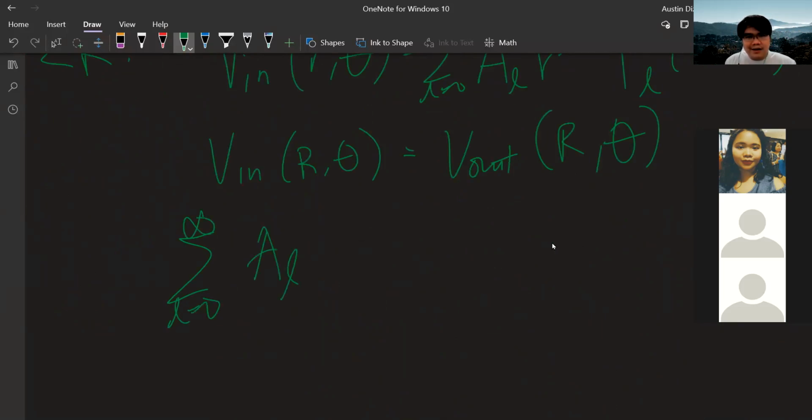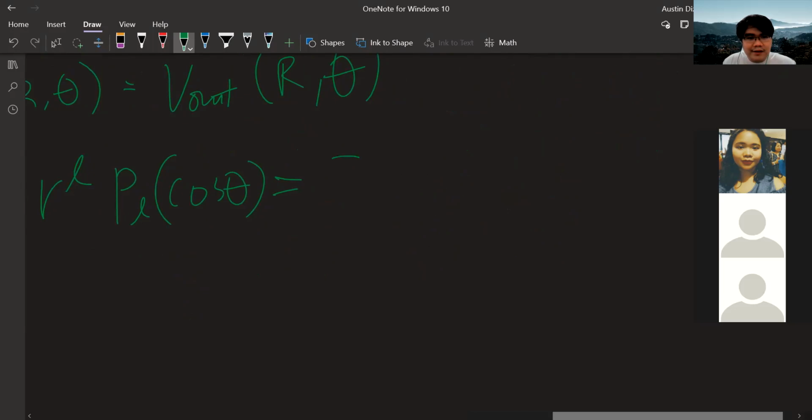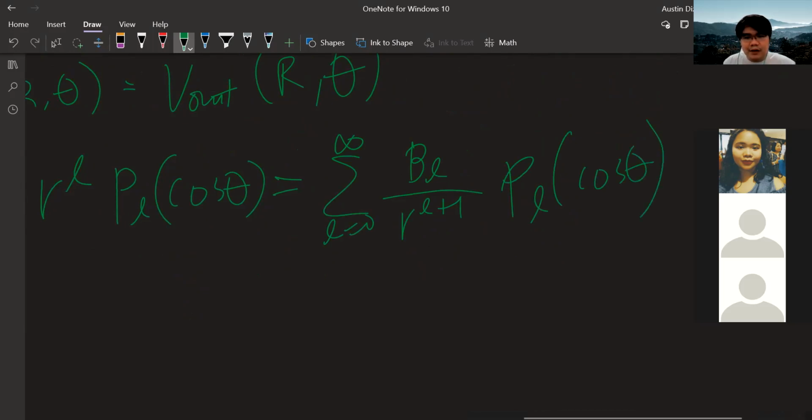Practice na rin natin ito sa exam. Okay, PL cosine theta. That is the argument of the Legendre polynomial. Then this is equal to the outside, which is BL over R raised to L plus 1. Now, PL cosine theta. Okay.